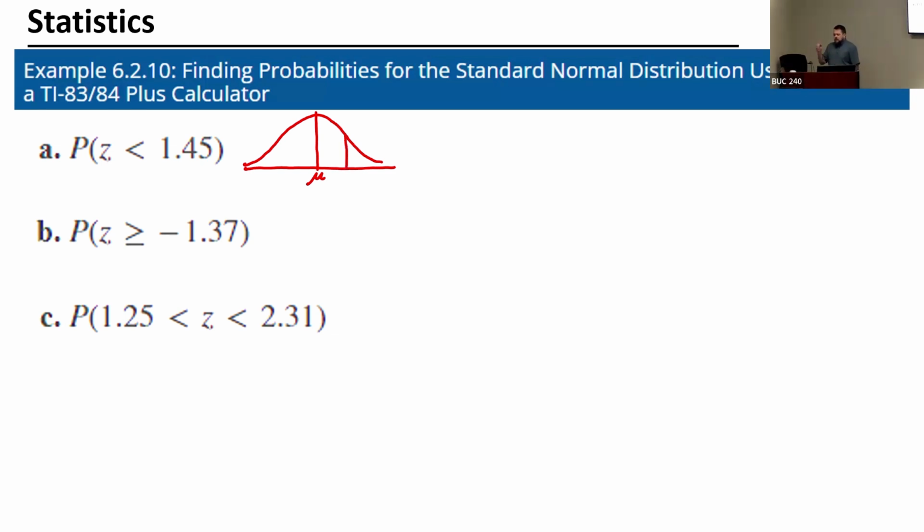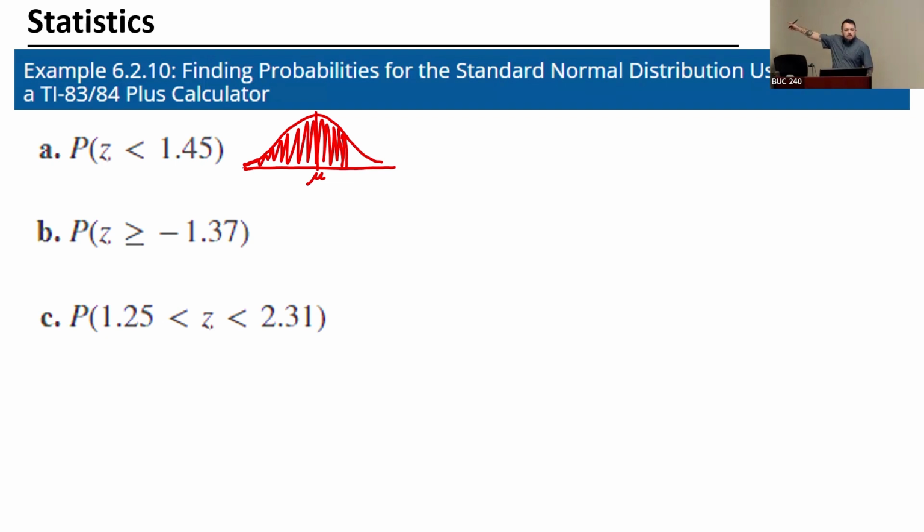Now, am I taking the area to the right or to the left? To the left. One says what? Less than. So this could be from this number back. Could you get to there? What would be a lower bound?